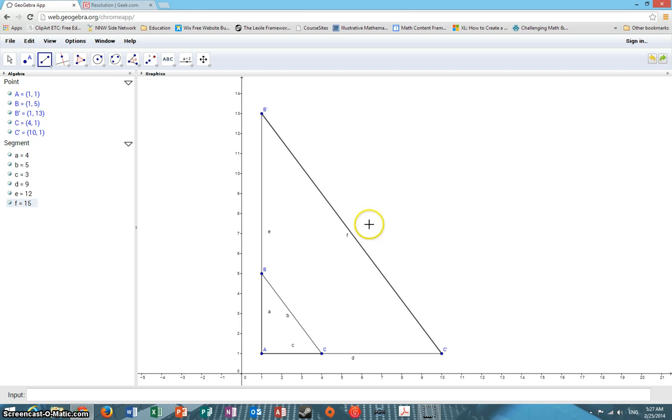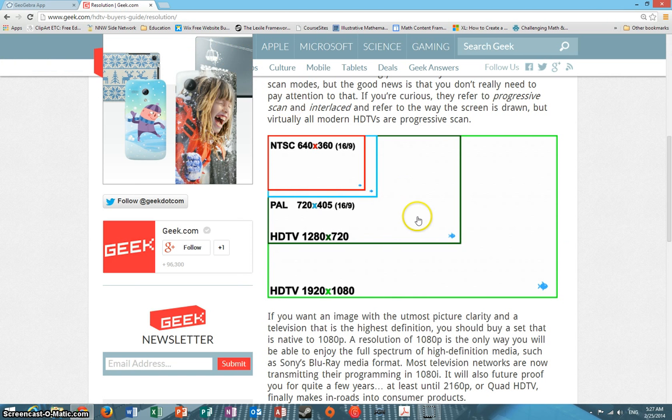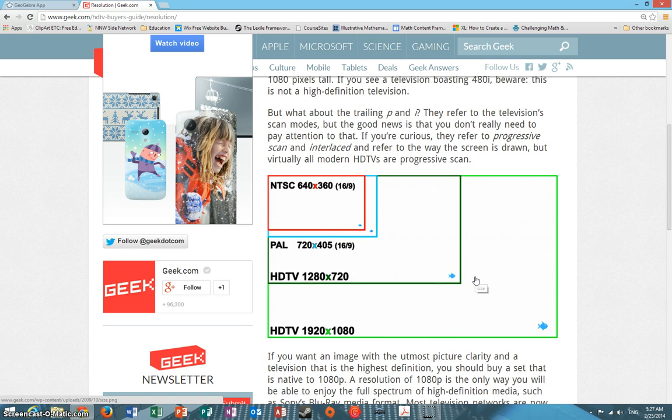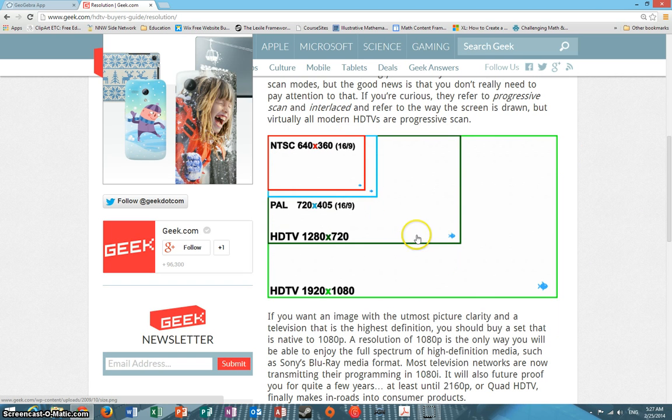And we can see this also if we go over to geek.com. It is a pretty nifty site with all sorts of tech stuff. It's kind of my thing, so check this out. So here is a diagram of all sorts of TV resolutions. Okay, so you might have an HD TV that is 720p.